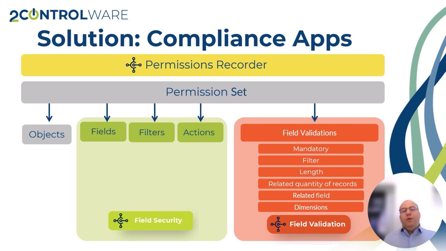We also have options there to make filtering. So that means that you can take certain records out. The salesperson that can only put in orders against their own customers, or that can only see a certain assortment. Or if you're in fashion, you can only see the active collections when you look for orders. Things like that you can use the filter security for. And then last but not least, we have an app called Field Validation.